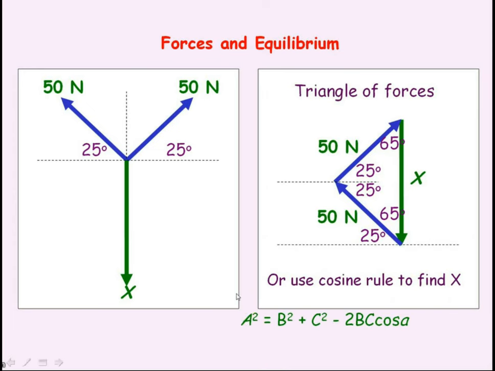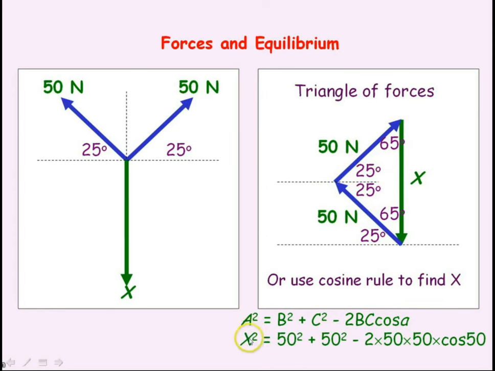Using the cosine rule, a squared is our length, which we'd say is our x, and that equals b squared plus c squared, our lengths of b and c, which are both 50 newtons, minus the product of 2 and b and c and cos A, where A is the angle opposite to length a. So in this case, our angle A would represent our 50 degrees.